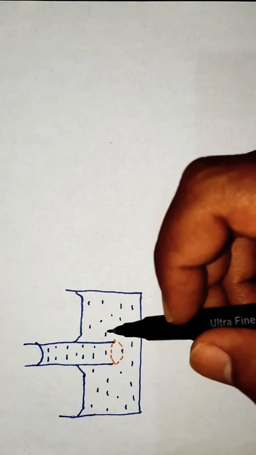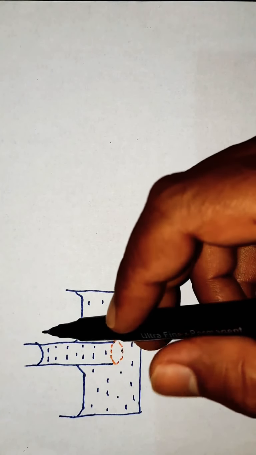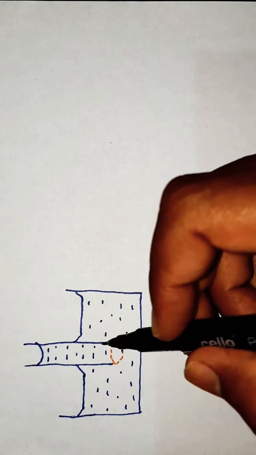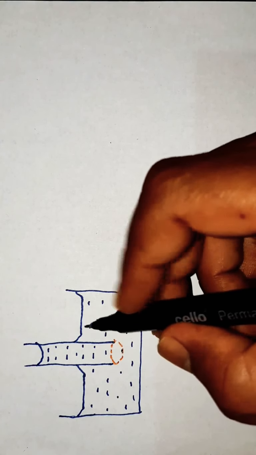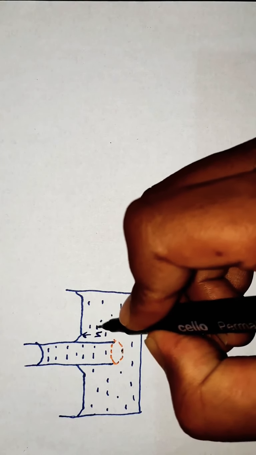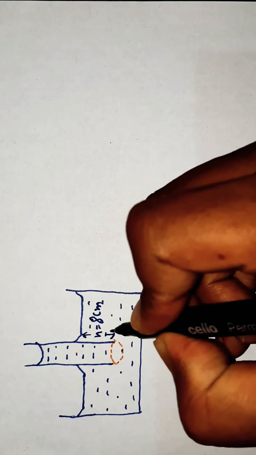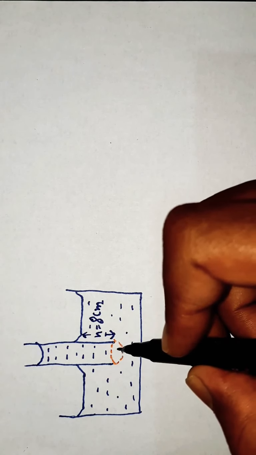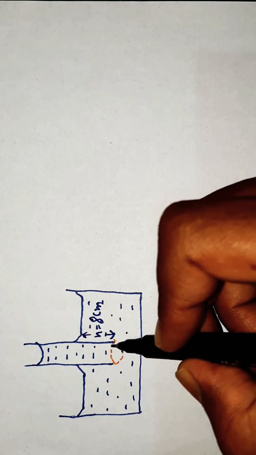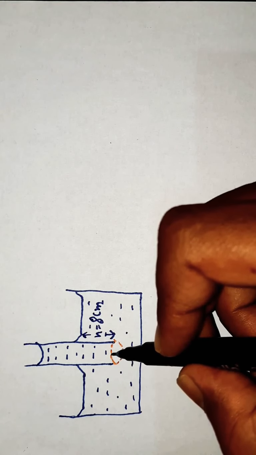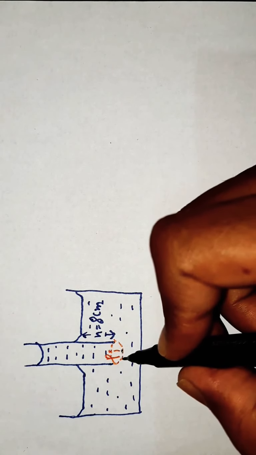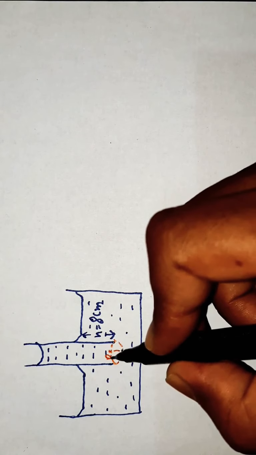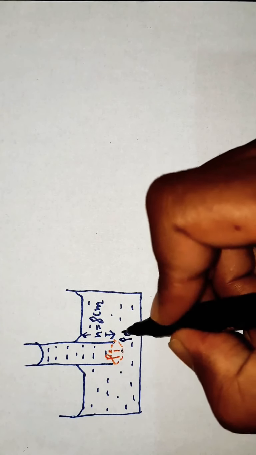In this problem, the lower end of the capillary tube is dipped 8 cm below the water surface. Here we have to find the pressure inside the hemispherical bubble. So let us consider the pressure outside the hemispherical bubble is P0.